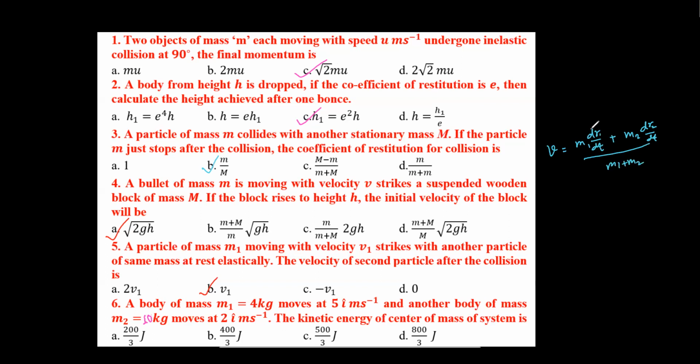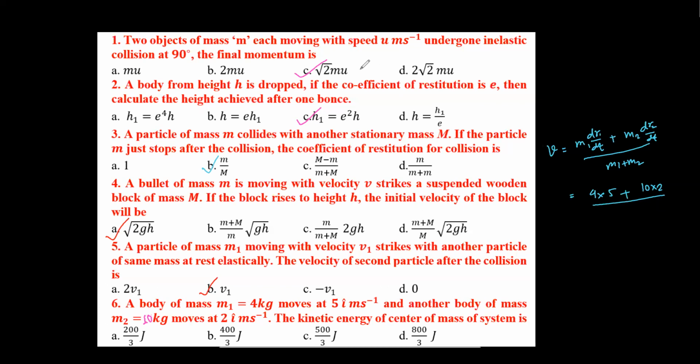Here dr1 by dt is the velocity and r is the position vector. So m1 is 4 and velocity is 5. Again here m2 is 10 and velocity is 2, divided by m1 plus m2, that is 4 plus 10. Let me just clean up, it's a bit rough.